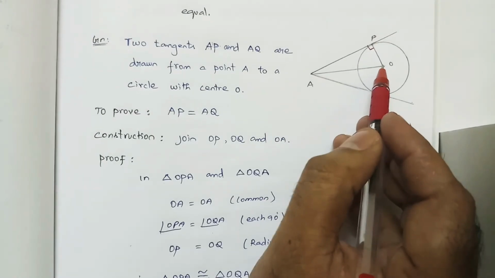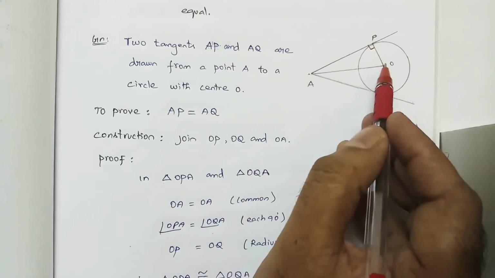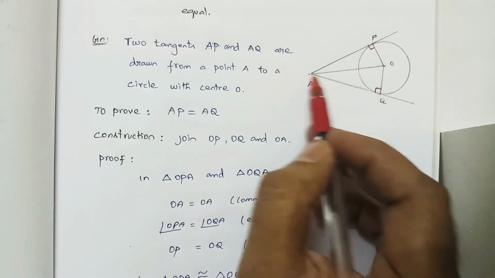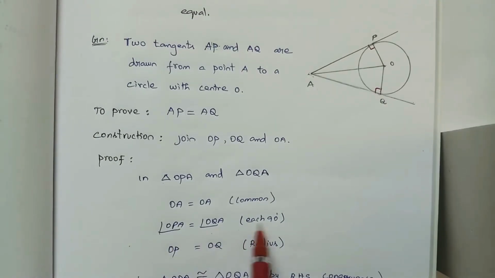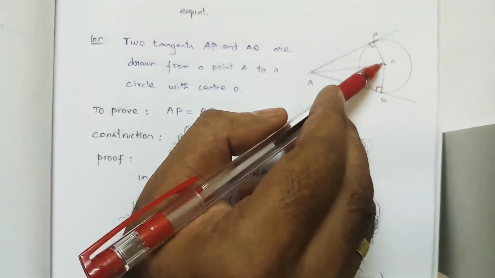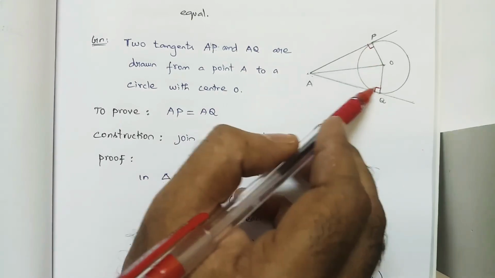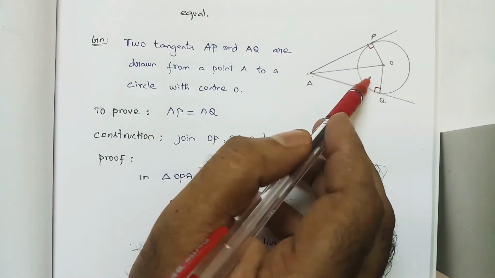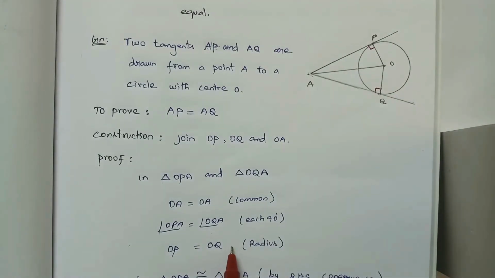We know that angle OPA is 90 degrees and OQA is also 90 degrees, so angle OPA is equal to angle OQA, each 90 degrees. And already we know that OP is equal to OQ, because OP and OQ are radii of the circle.